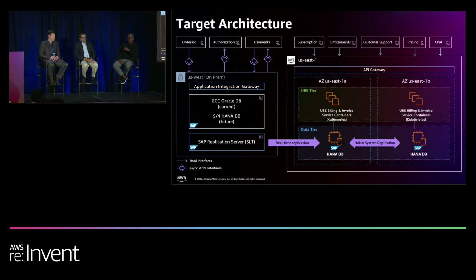In that data replication, leveraging SLT, by using SAP's technology, the data consistency and the data integrity is just far better than an event-driven sort of self-built solution of migrating that data.